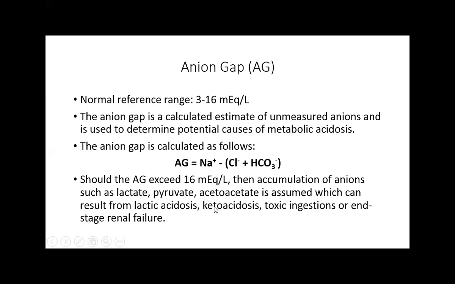ketones, or certainly some kind of toxin that was a strong acid or base that was ingested, would be reflected in an anion gap exceeding normal, because it's contributing to the ions but we're not directly measuring it.